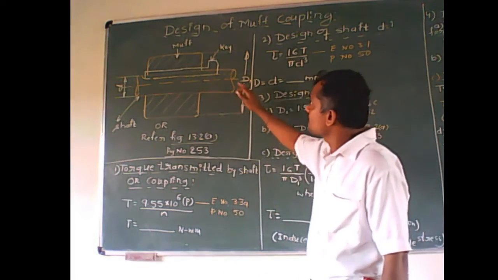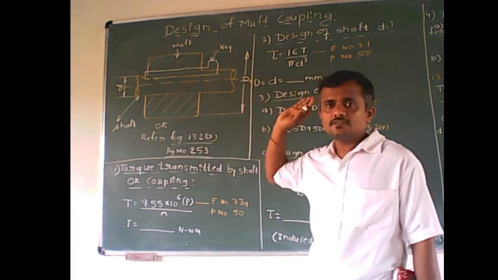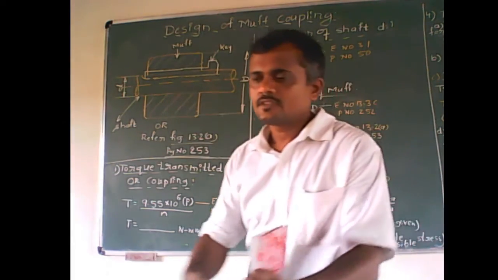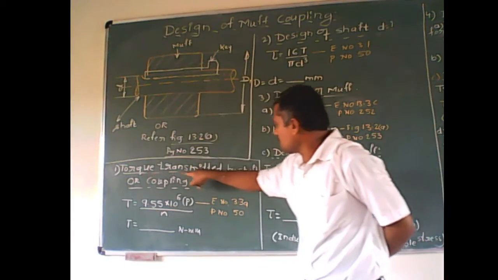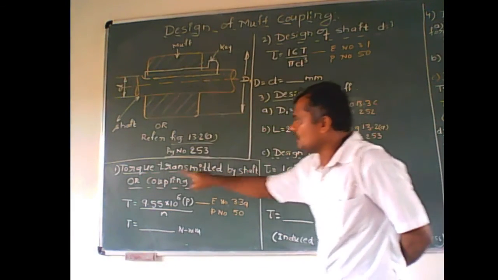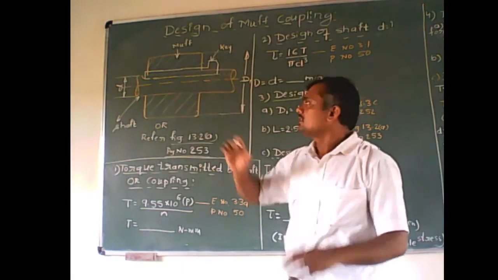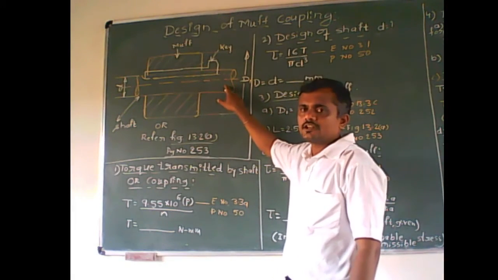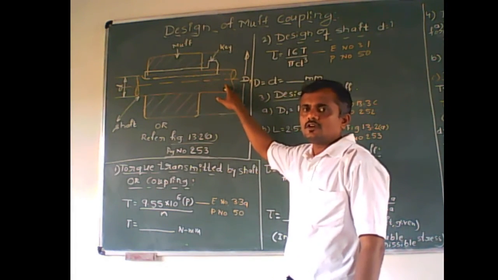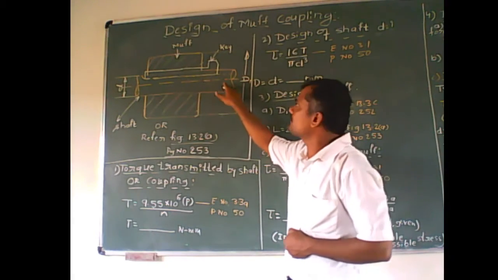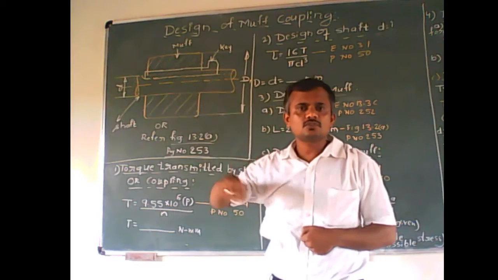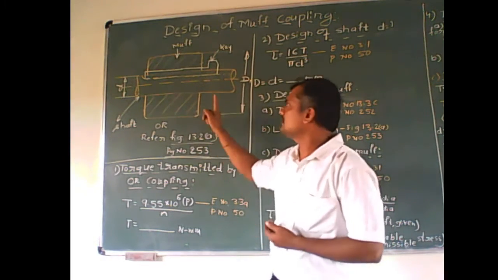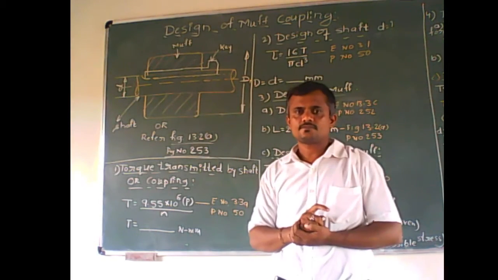Okay, so when you make a design of a muff coupling, the very important thing is to calculate the torque transmitted by the shaft or coupling. As you know, if this shaft is rotating at n rpm, say 1000 or 2000 rpm, then definitely along with that shaft, the key and muff are also rotating at the same speed as the shaft.